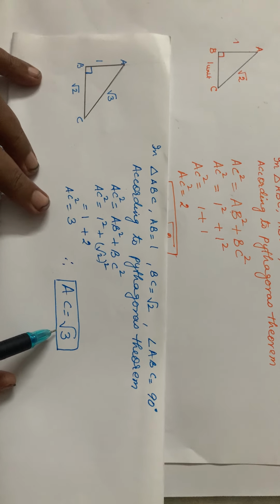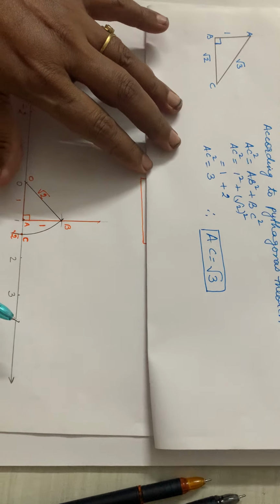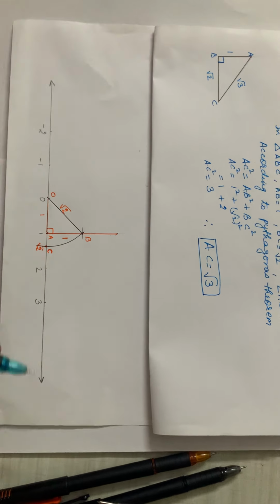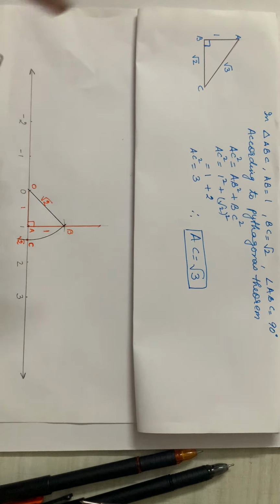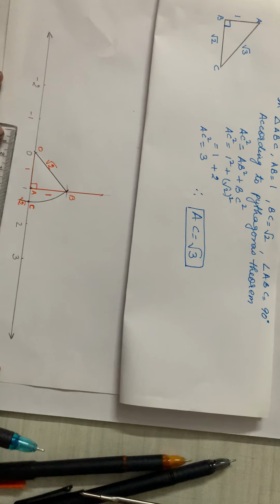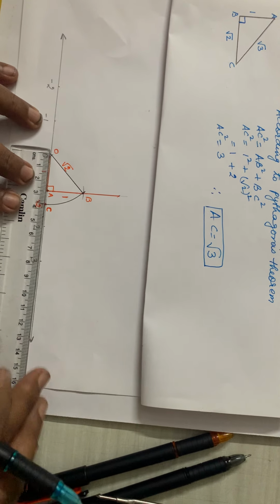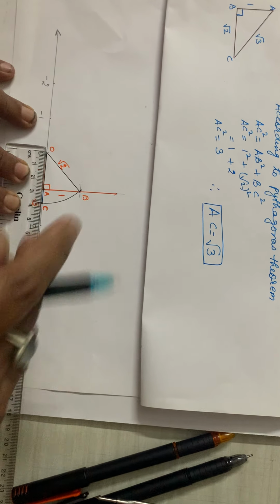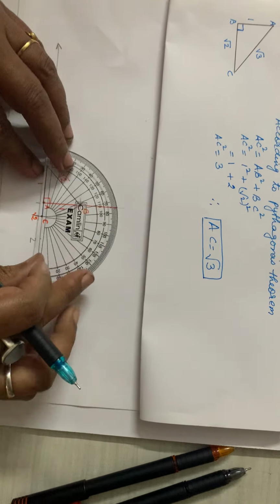Now to show this square root of 3 on the number line, let us continue with the previous one. So here we have shown square root of 2. So we will continue with that. One side of the triangle we want square root of 2. So we will mark from O to this point C, which we have already constructed. From the point C, we will take a right angle.